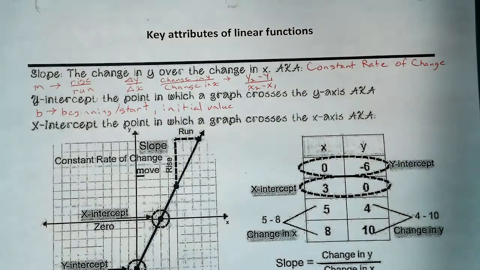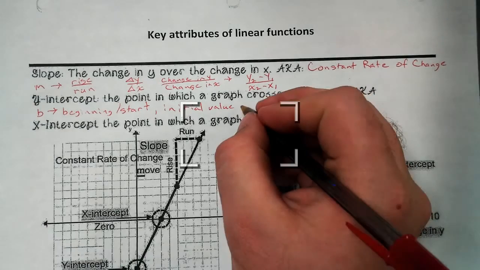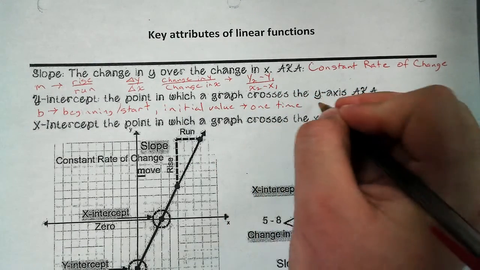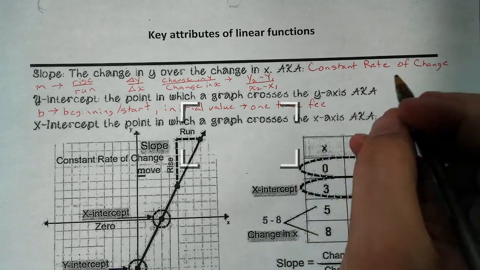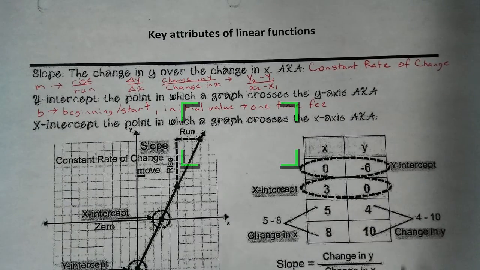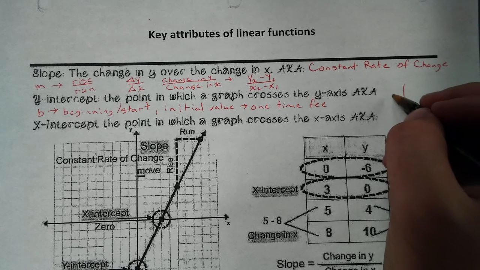Or, if they're talking about a one-time fee or an initial fee, that's what it is. It's always, remember, where the line crosses the y-axis, so it will show up like this.